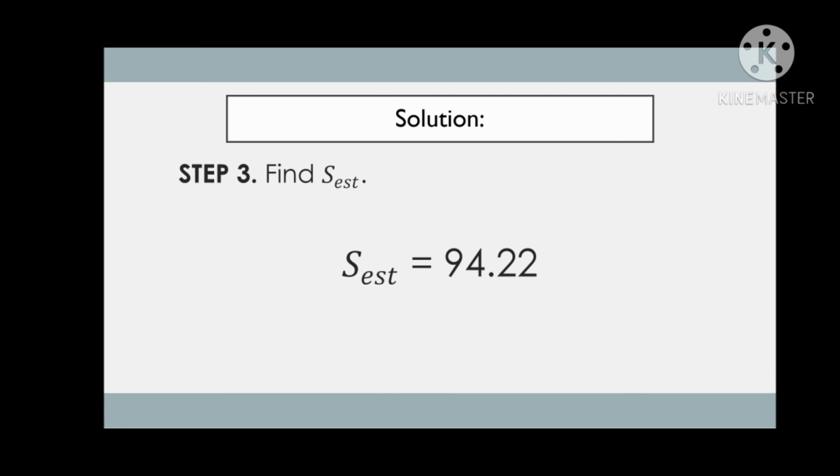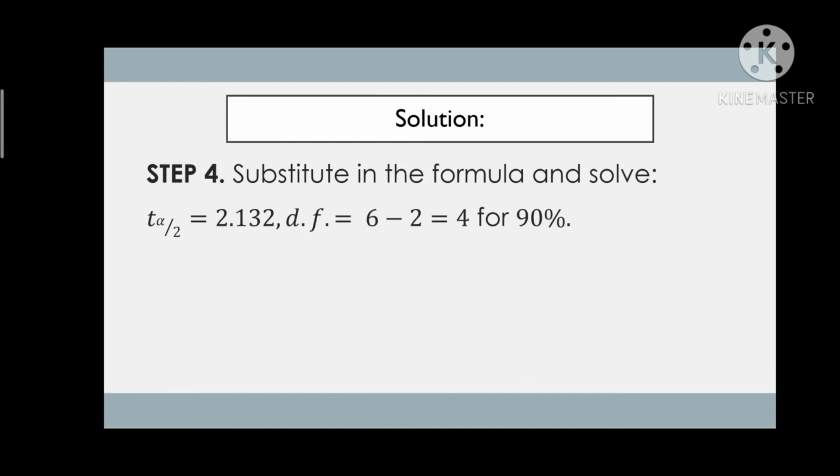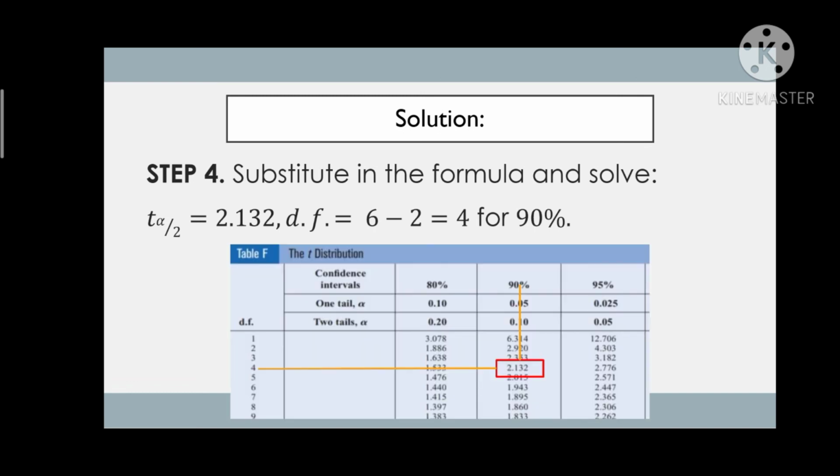In step 3, find the standard error of the estimate. Our standard error of the estimate is 94.22. Step 4, substitute in the formula and solve. The t sub alpha over 2 is equal to 2.132. The degrees of freedom is equal to 4 for 90%. Using this t-distribution table, we got the 2.132 for t sub alpha over 2, the intersection of the degrees of freedom of 4 and the 90%.